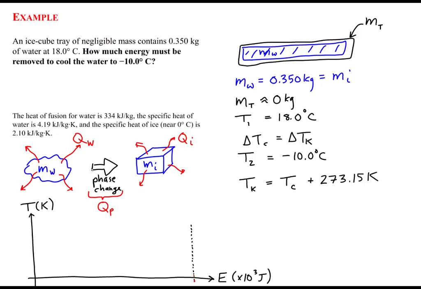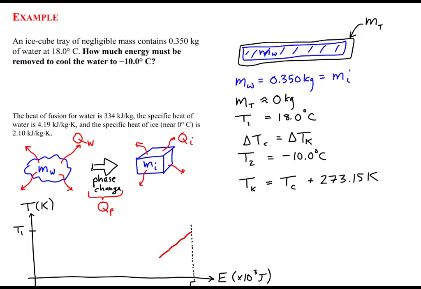Since we're going to be losing energy, we'll be going from right to left as our temperature changes. So we will just call this first state of energy E1, and this first state of energy takes place at temperature T1.